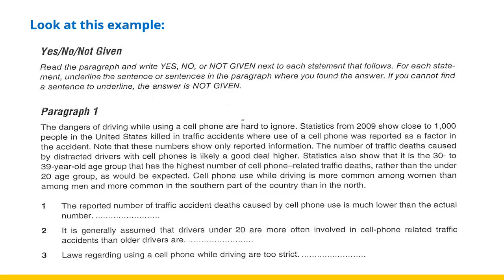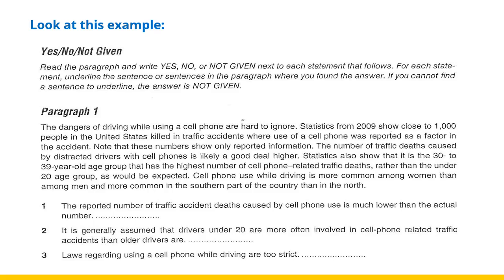I don't know why they make it so difficult, but that's how it is. So if you have yes, no, not given, make sure you write down yes, no, not given, okay? So our statement 1 is going to be no. So that will be our answer.